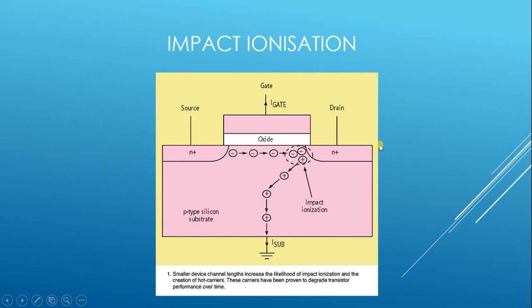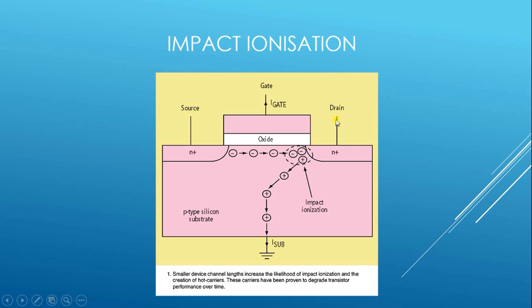And then we have impact ionization. An electron flowing in a channel hits a molecule. Suppose the molecule has some free electrons around it; this primary electron will hit that molecule and release the electron which was within the molecule before, and it will take that secondary electron with it towards the drain.